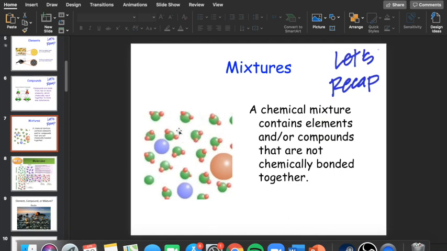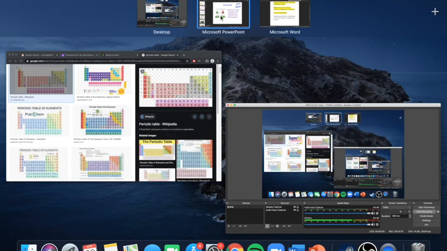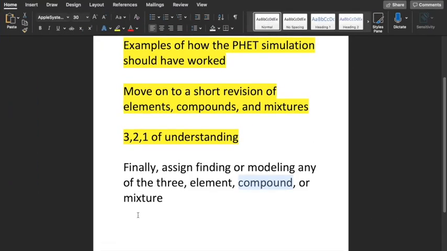If we were in school, we have these model building kits to make one of these oxygen or water molecules by taking the little red balls and then little green balls and kind of sticking them together, and you can model for me H2O. So however you like, but what I want you to do is you can either send me a picture of what you find and tell me whether it's an element, a compound, or a mixture.